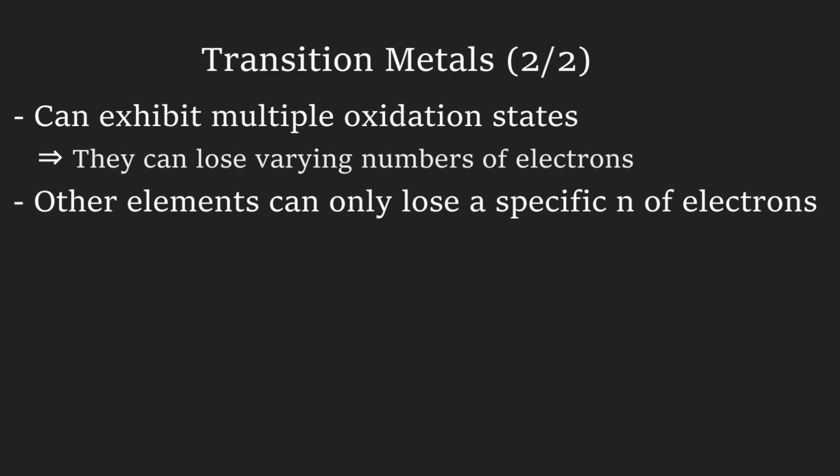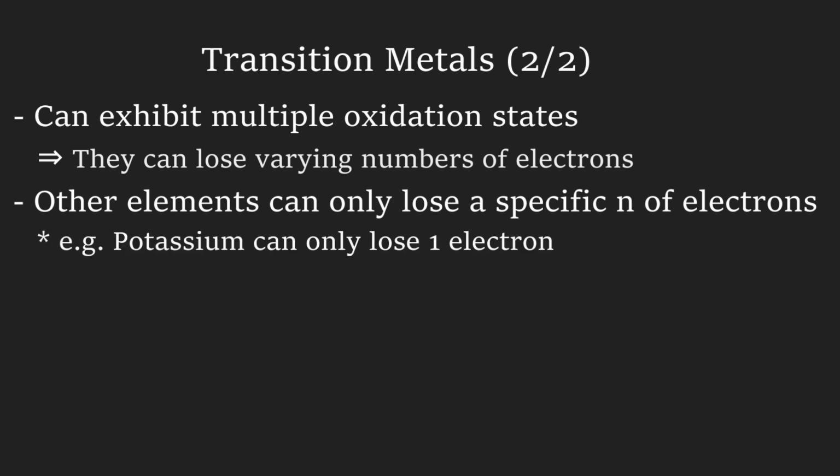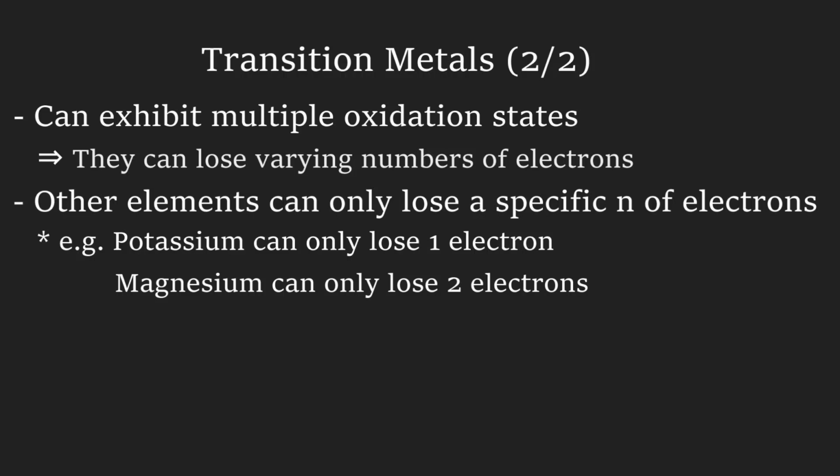To briefly illustrate this, let's take the case of two monoatomic ions that are not transition metals, namely potassium and magnesium. Potassium can only lose one electron, forming a potassium ion, while magnesium, which isn't a transition metal either, can only lose two electrons, resulting in a magnesium ion.